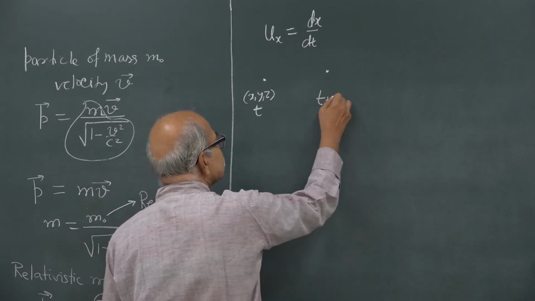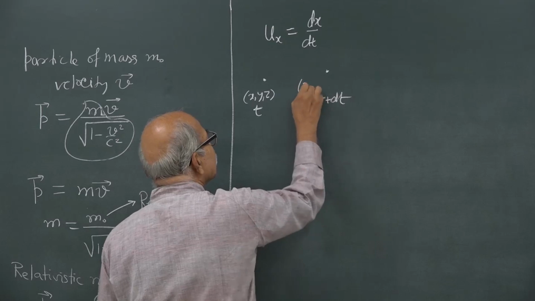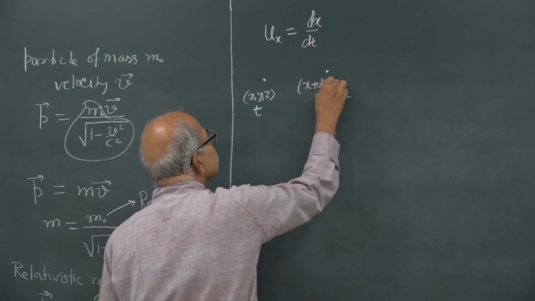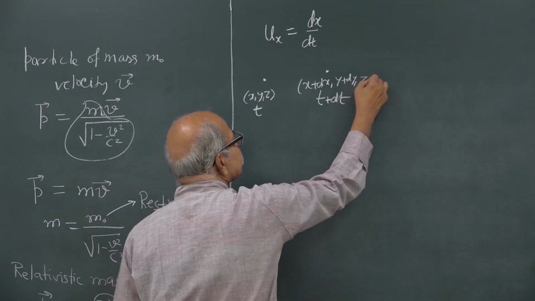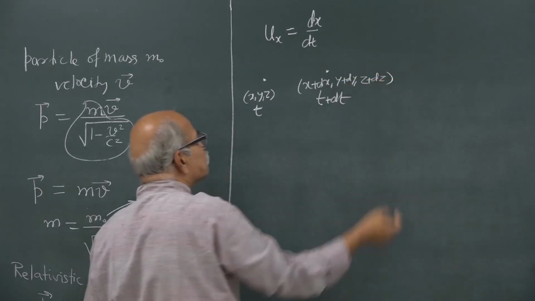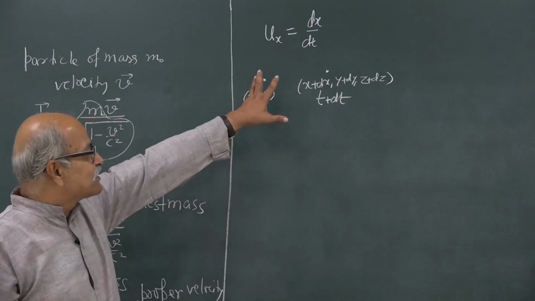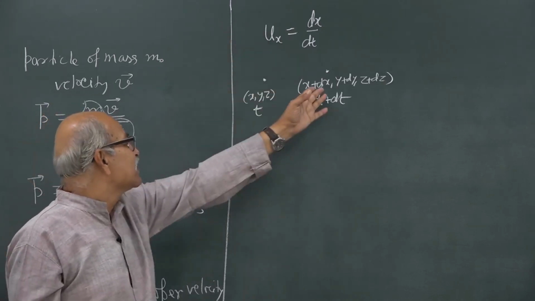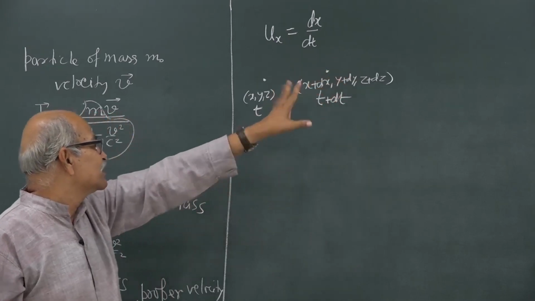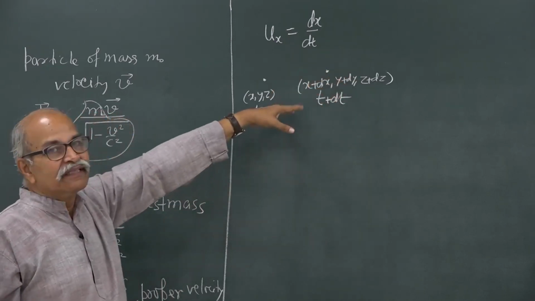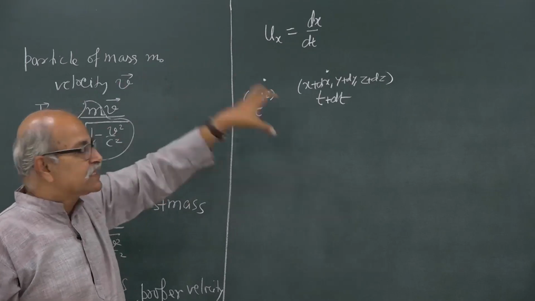So, this is t plus dt time and the particle is at x plus dx, y plus dy, and z plus dz. Proper calculus language should be used. We can write this as delta x and then delta x tending to 0, etc. But essentially this is what the physics is.